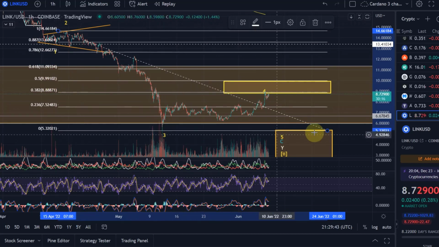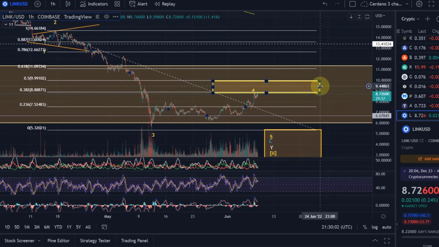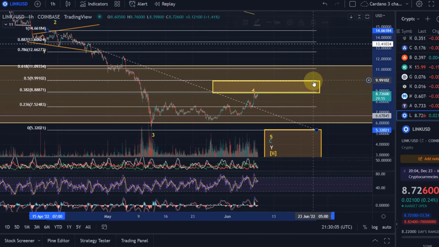Let me just adjust that. Maybe this is more accurate. I think in the last video it wasn't super accurate, so it's more here. The 38.2% Fib level at $8.88 and the 50% Fib level at $10. So this is this target area, the retracement of that wave 4. We came into it. This is the area where you would expect a wave 4 to get into with the highest likelihood.